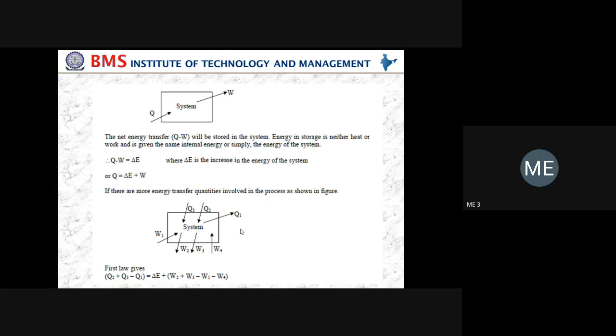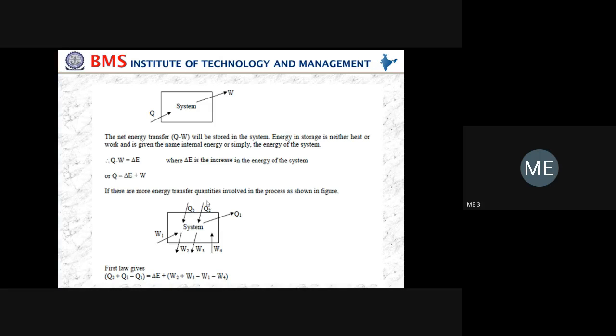You consider this diagram. If there are more than one energy transfer quantities involved in the process, then how to write the first law of thermodynamics equation? You see, Q1 is the heat taken from the system, and W1 is the work input to the system.